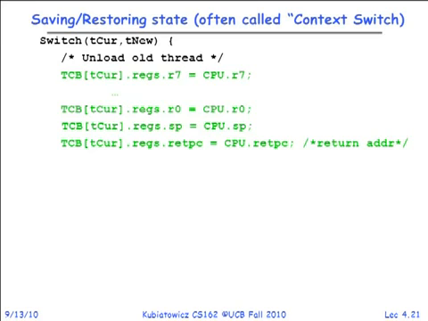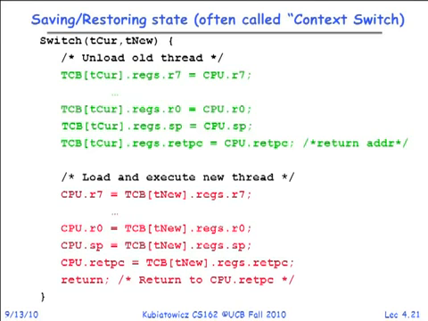So when you call somebody, the return address is actually in a register. And so what you've got here is we took the original return address and saved it aside, and we grabbed the return address of, say, thread T and put it into our return PC so that when we execute the return instruction, we actually return to where thread T wanted us to return to rather than where thread S was going to have us return to. Okay?